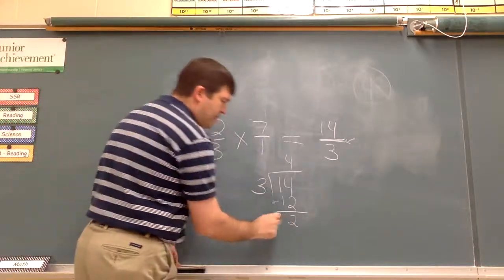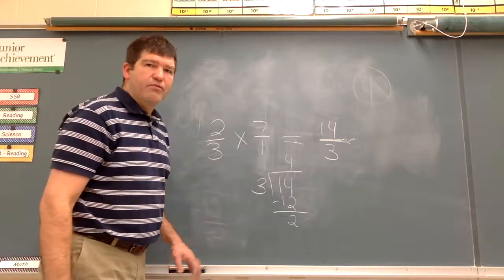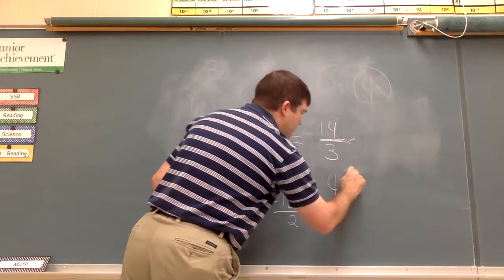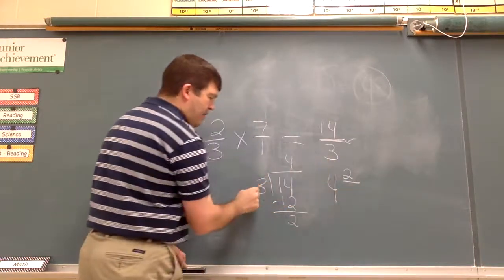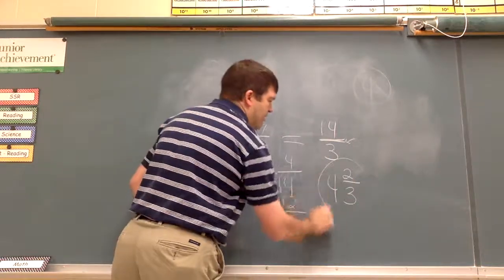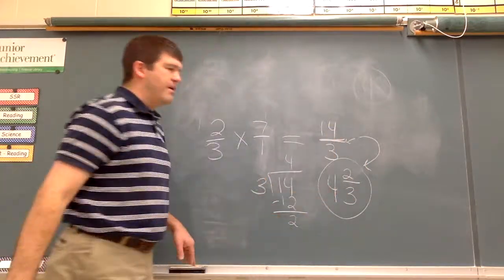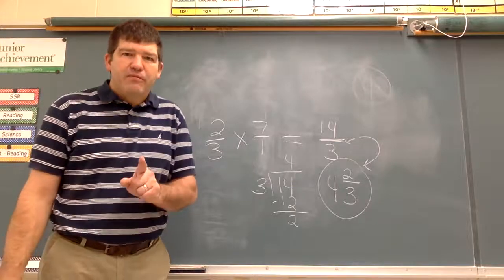This is my remainder, but instead of saying 4 remainder 2, I'm going to put it into a fraction. So it's 4 remainder 2, and you always use the same denominator. So 14/3 is the same as 4 and 2/3. And you want to check it? Of course you do.